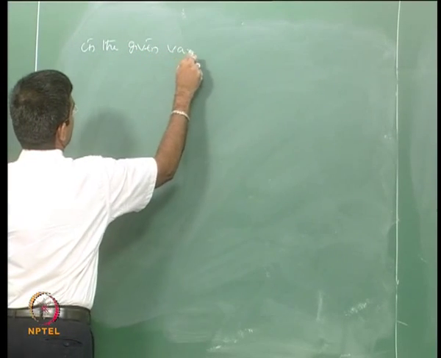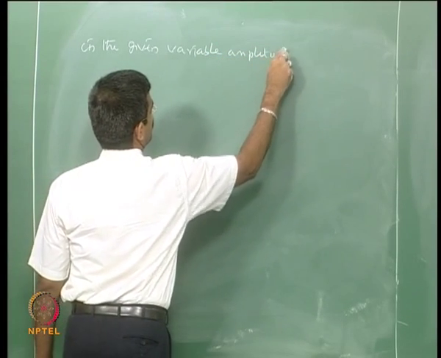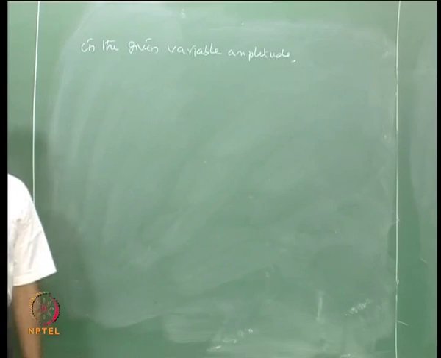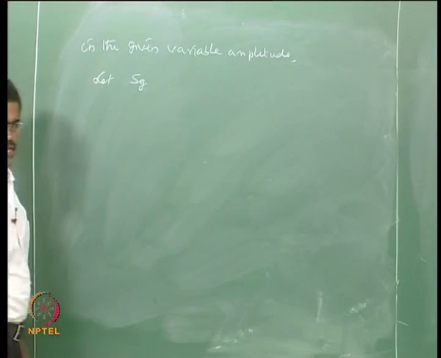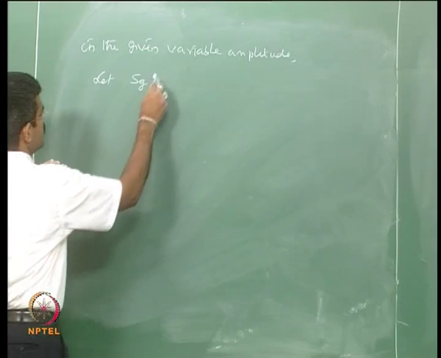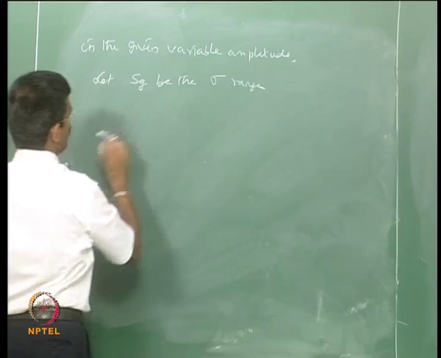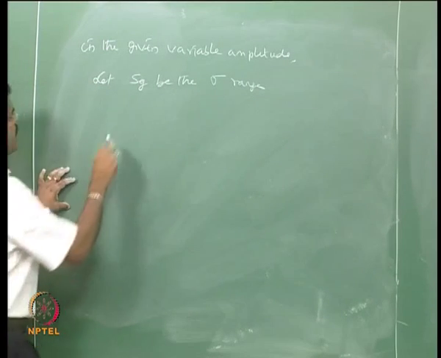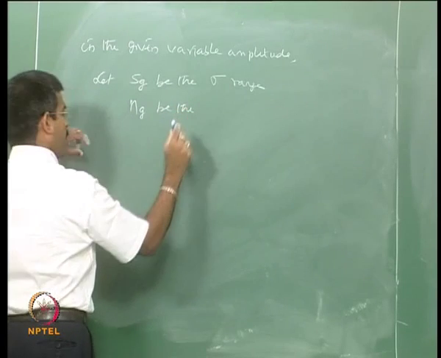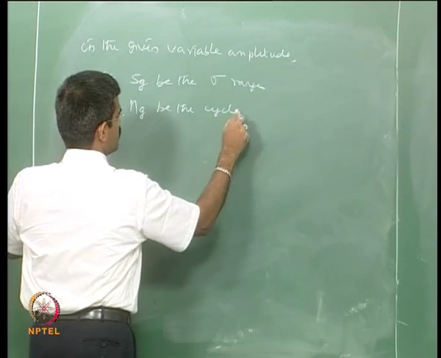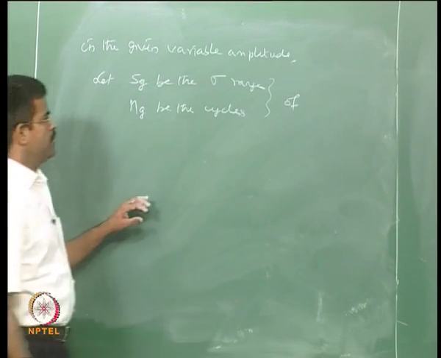in the given variable amplitude, let Sg be the stress range and ng be the cycles of each group.